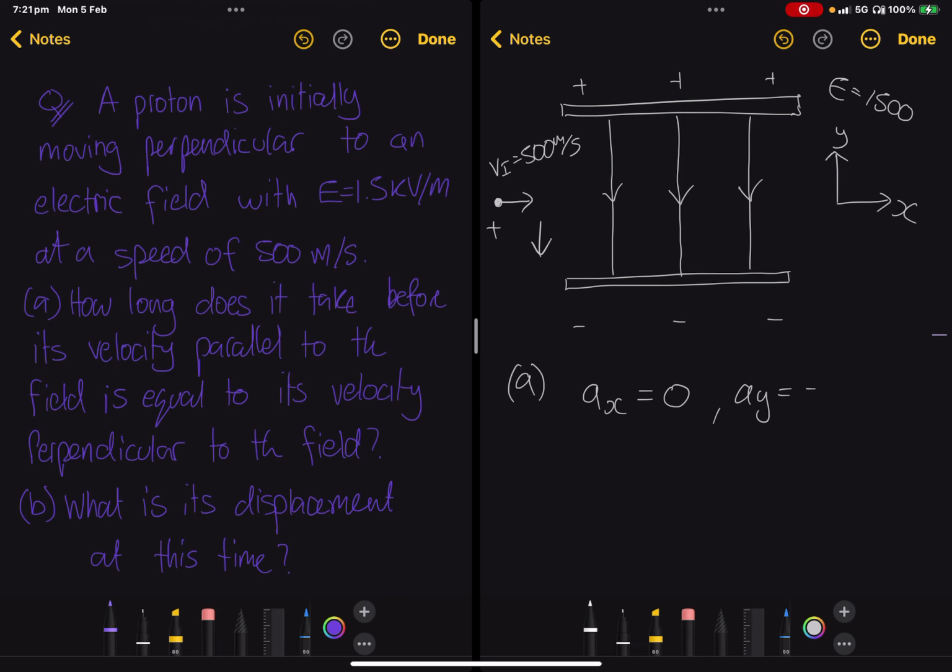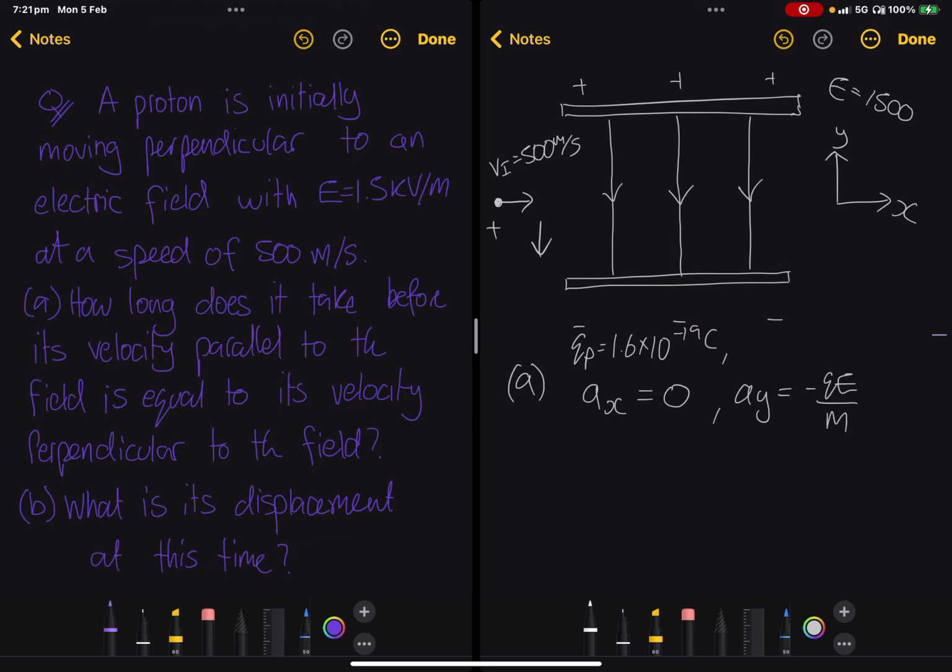So the charge on a proton is 1.6 times 10 to the minus 19 coulombs. So the acceleration here will be the charge times the field. So this will be the negative of the charge times the field divided by the mass.